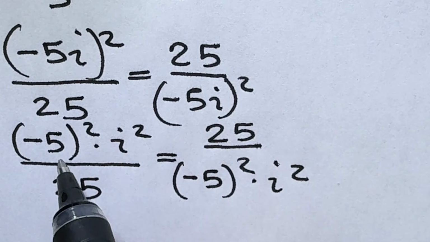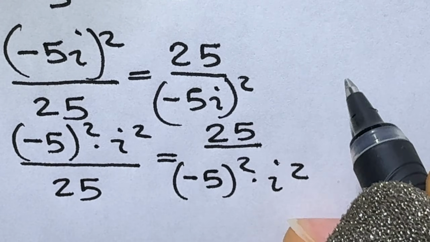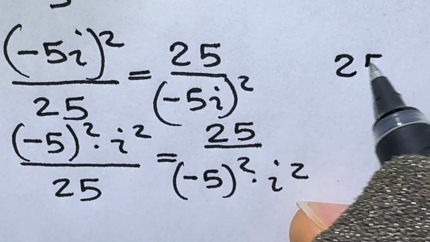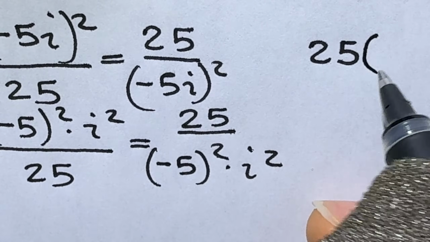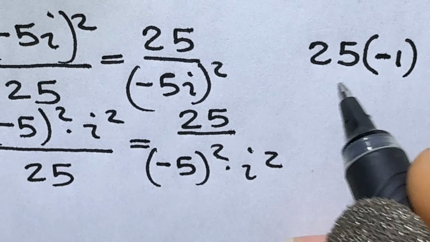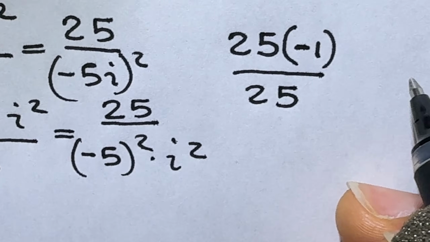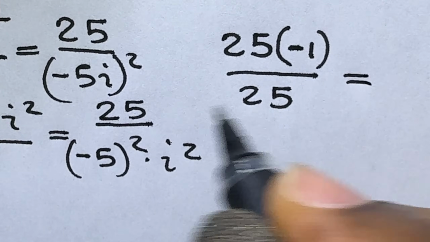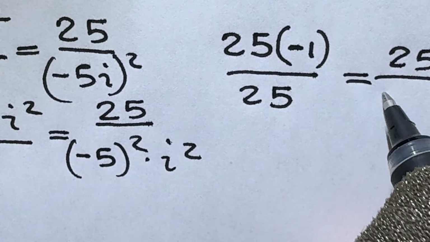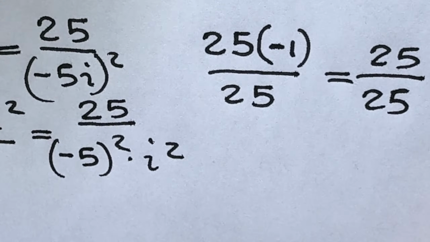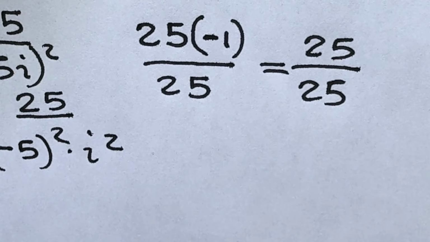Now negative 5 squared is 25, so we have 25, and then i squared is negative 1, then divided by 25 is equal to 25 divided by 25 times i squared, which is negative 1.